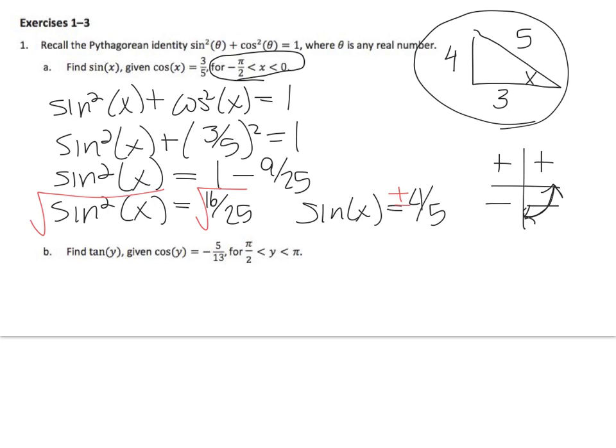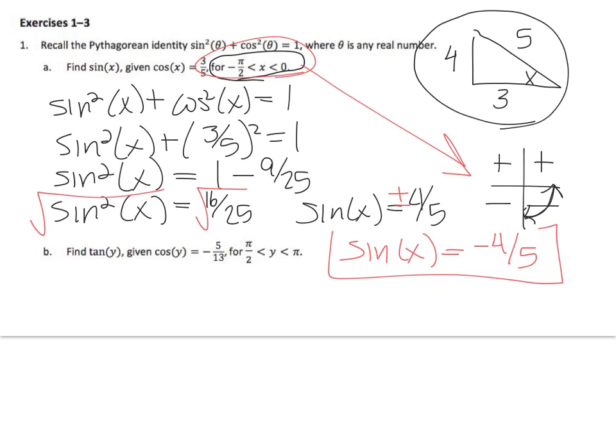When you take the square root of both sides, you have to account for the positive and the negative. So in this example, sine x is going to be the negative value because of the range that they give us and where it goes.